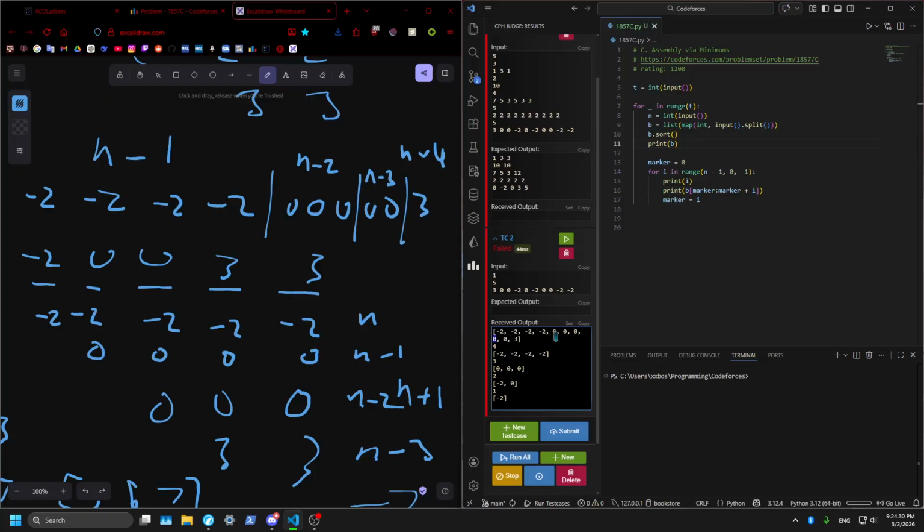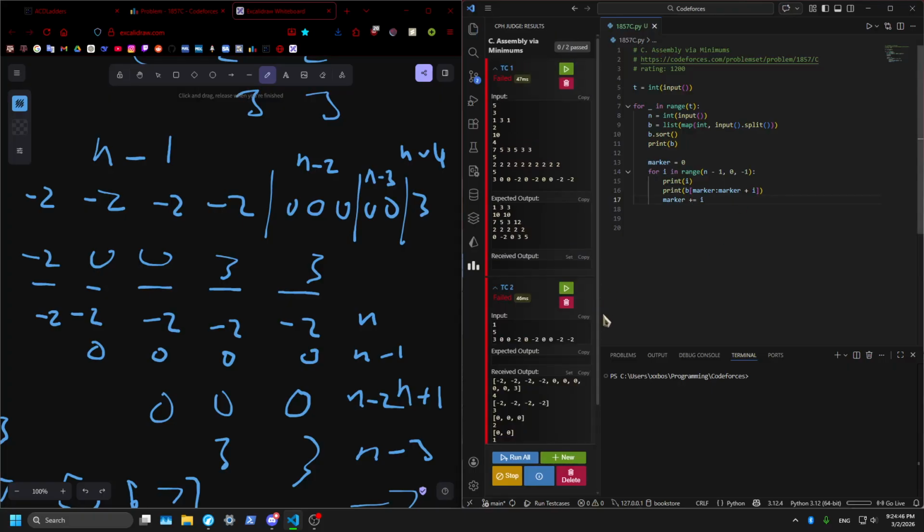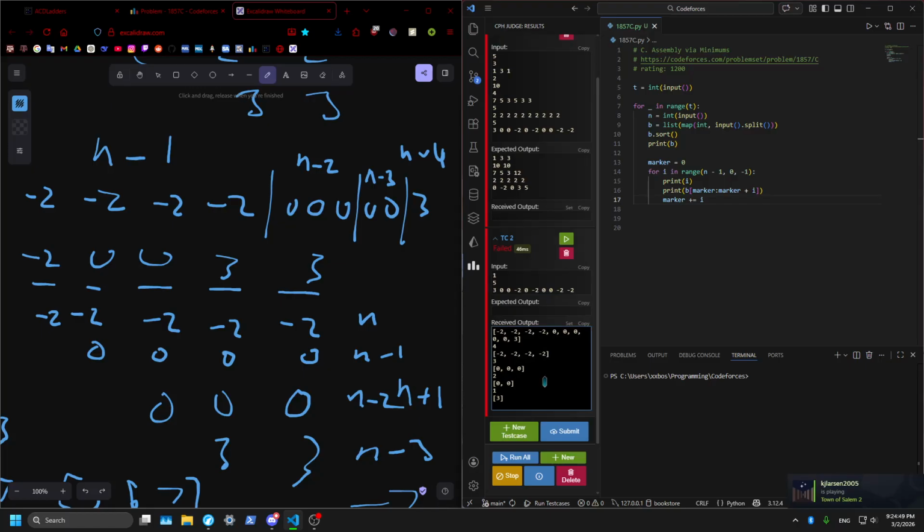Marker is set to 7. Wait, marker plus equals i. There we go. So this gets us our groups.